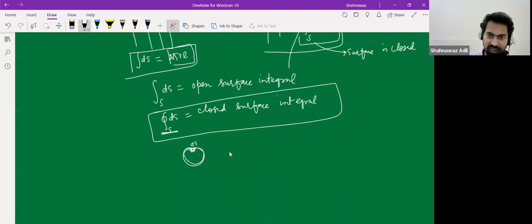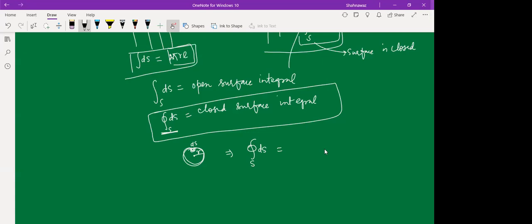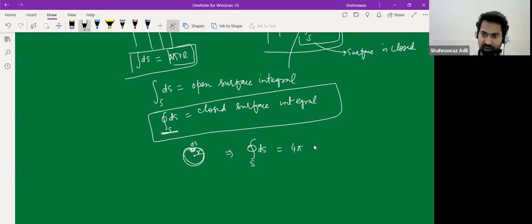If I integrate this dS over this closed surface, how much would this give me? The area of the sphere. Let's say this is R. What would that be? Yes, absolutely right. So 4 pi R squared.